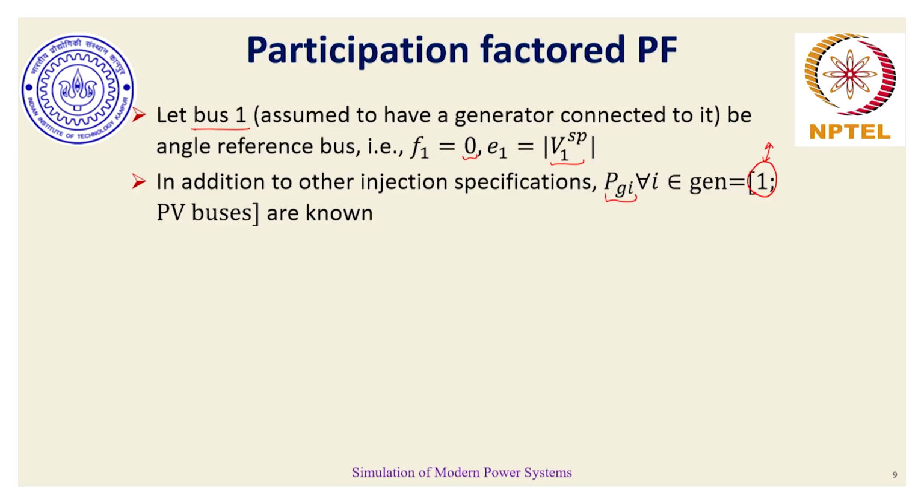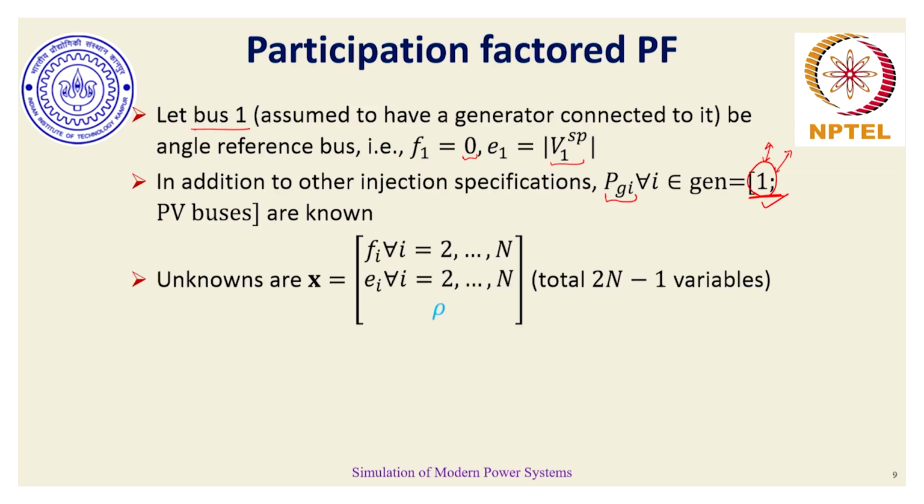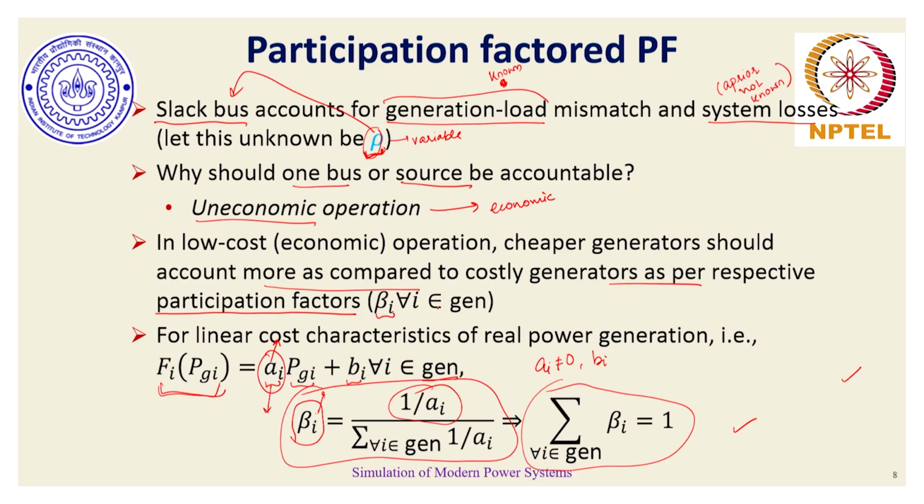In the rectangular version of participation factored power flow, if bus 1 is a slack bus with a generator connected to it, we will be using this PGi specification in the corresponding analysis. The unknowns in the context of rectangular version of power flow remain the same. That is, we have n-1 Fs, we have n-1 Es, and also, as I mentioned, because system losses are not known a priori, rho is also unknown.